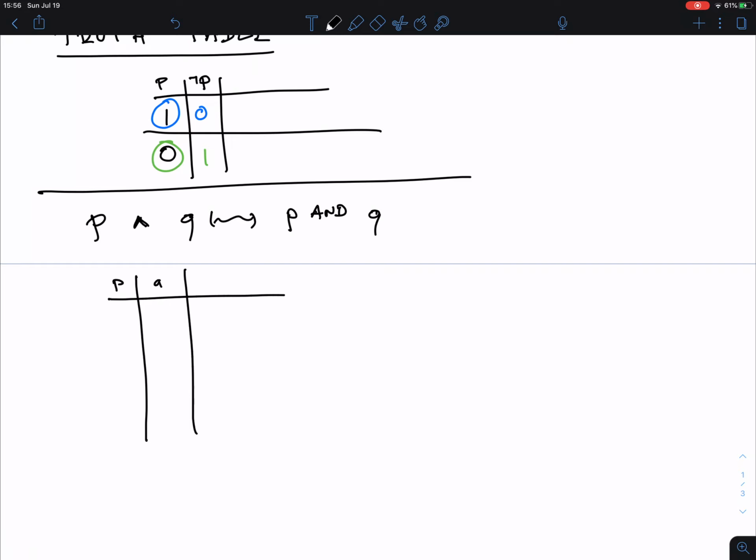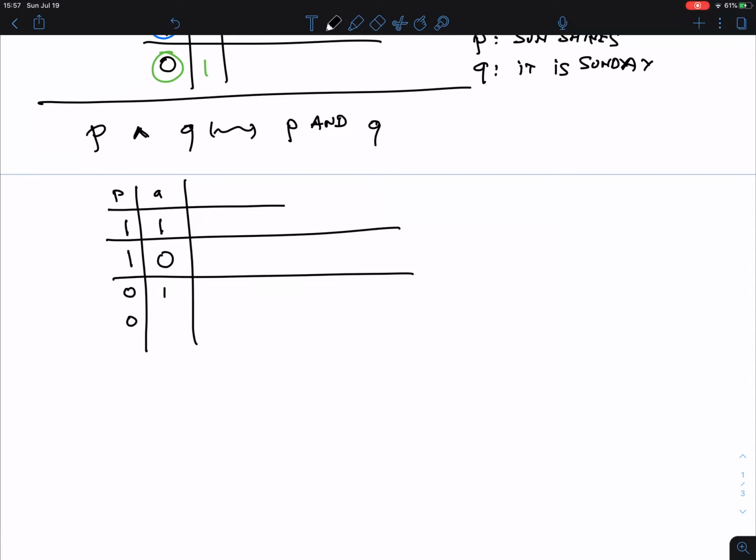How do we do this in a truth table? Well, P can be true, but then Q could be either true or false. So I have to give two rows, two possibilities. Remember, each row is a possibility that we can have for truth or falseness. These are the two possibilities where P is true. Likewise there are two possibilities where P is false: Q could be true, or Q could also be false.